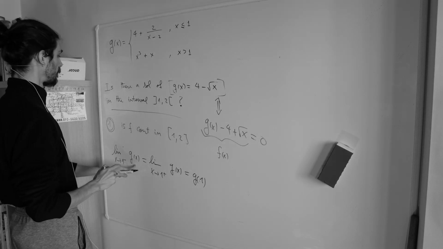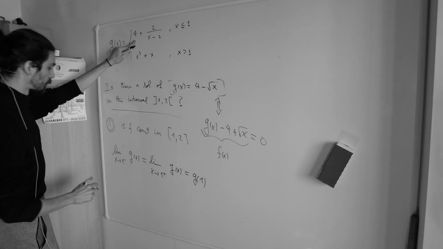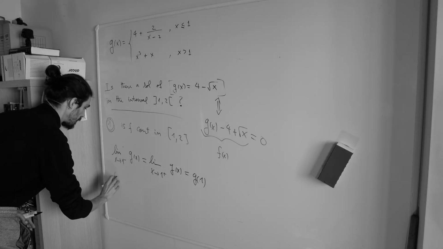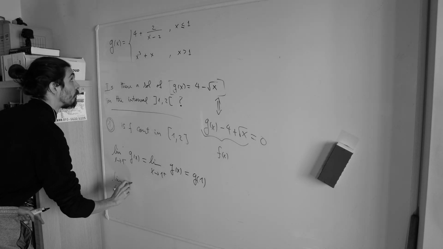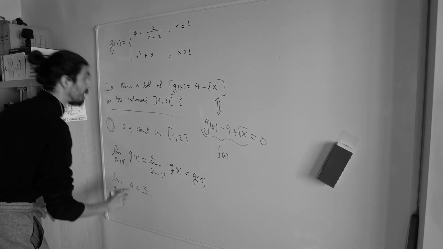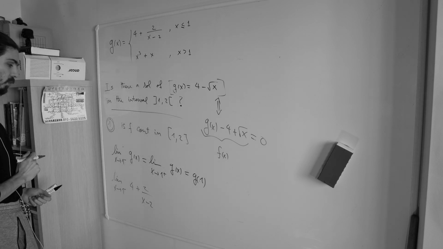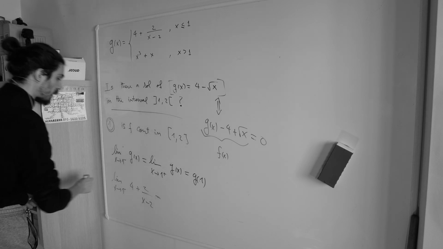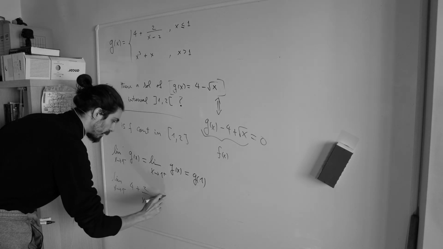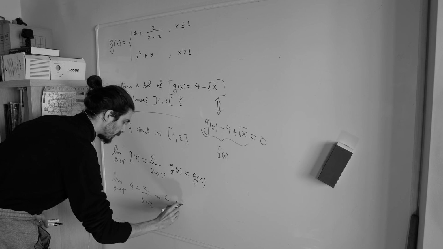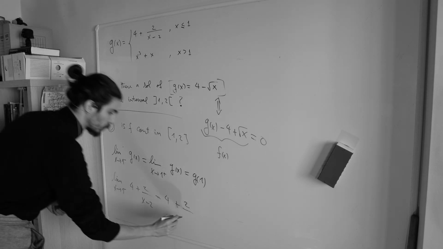So the first limit: the limit as x goes to 1 from the left of 4 plus 2 divided by x minus 2. You just substitute. What do we get? You have 4 plus 2 divided by 1 minus 2, but 1 minus 2 is minus 1.